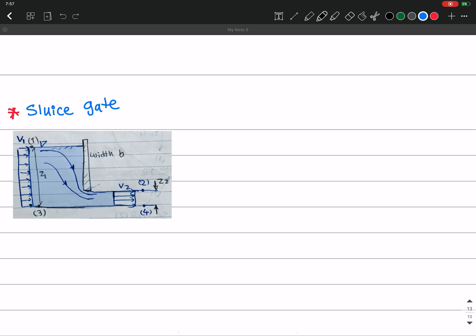So I want to see what is going to be Q based on Z1, Z2, and B. Okay, this is, for example, engineering design. Say you want to know what is going to be the flow rate downstream, and you want to design a slice gate width so that you can have a specific amount of water go out of this system. Okay, so a simple way of doing that is using Bernoulli equation.